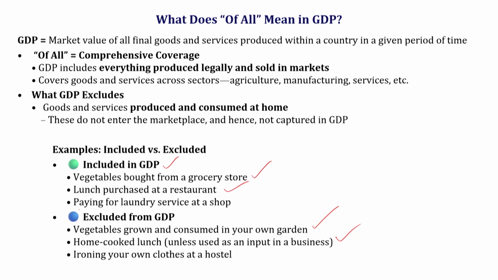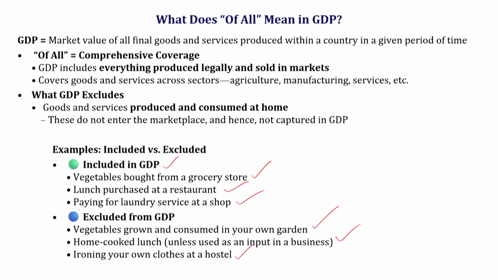But the ingredients that you use for your lunch and buy from the market will become part of GDP. Similarly, paying for laundry service at a shop is part of GDP. But if you are ironing your own clothes at a hostel or at your home, then that service is not part of GDP. The consumption of electricity is going to be a part of GDP, but your own labor in ironing your clothes is not.